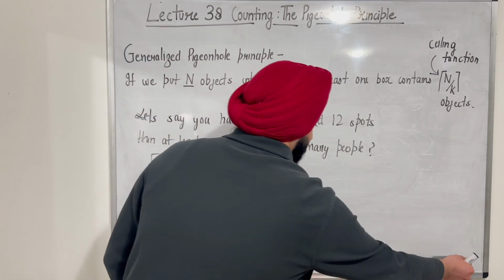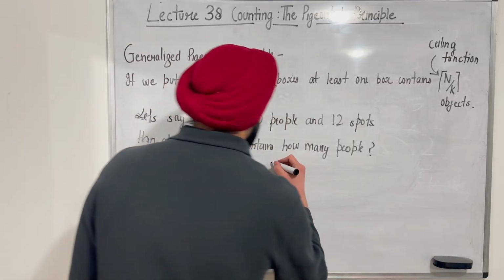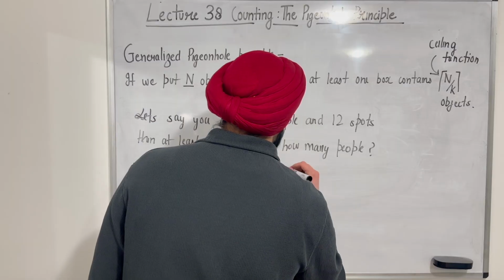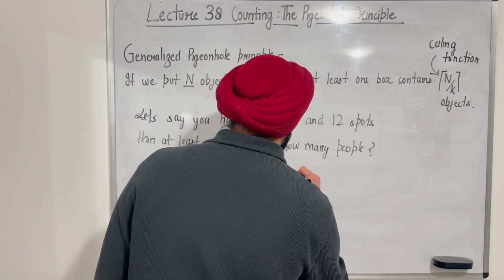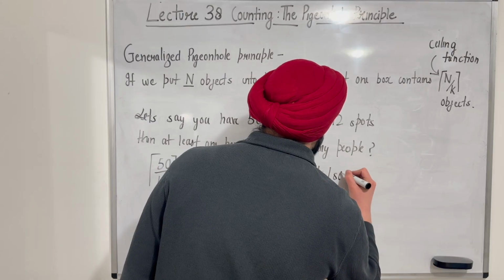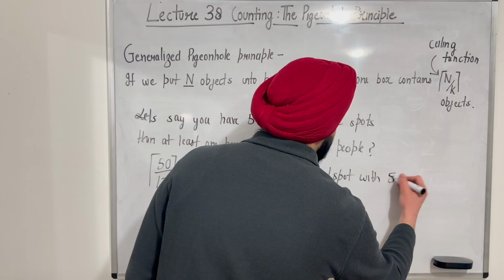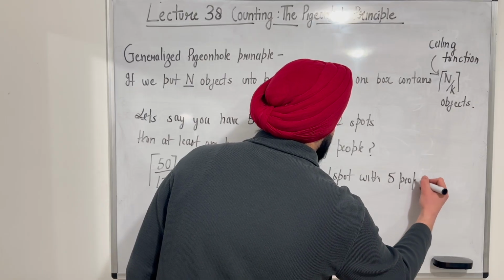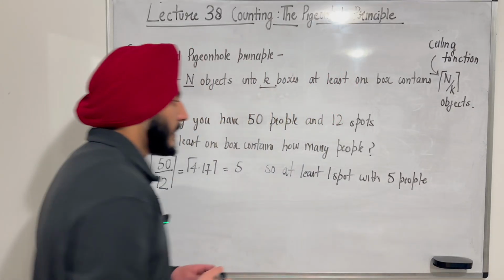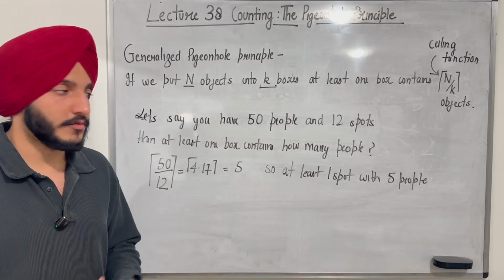So it basically means I would have at least one box with 5 people. Okay, let's try to understand this and logically how this works.